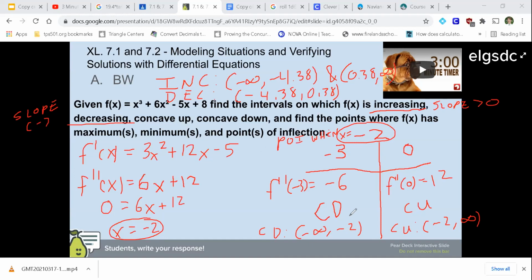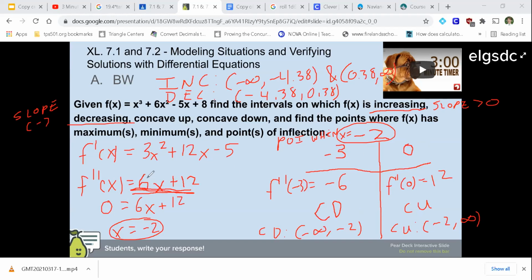Yes, so like -6 and 12, we base that off of the first. Yep, you use the -6 and 12 you get from that table, and you're plugging it into the second derivative.